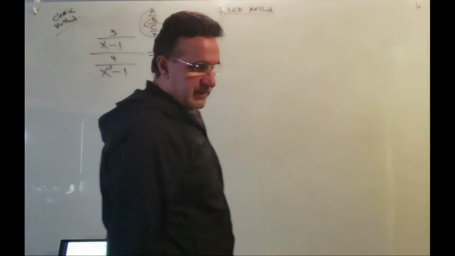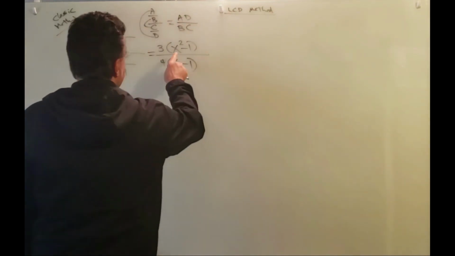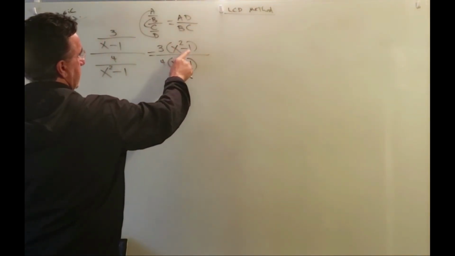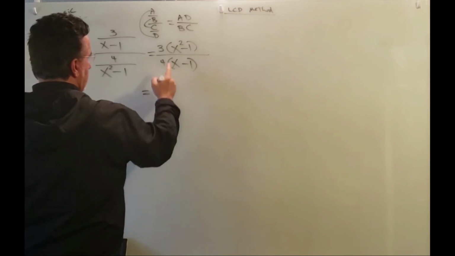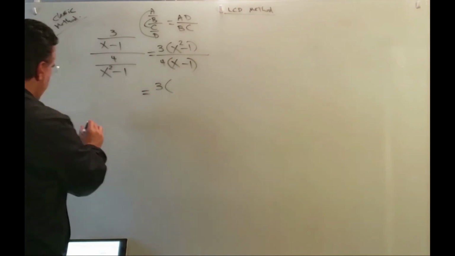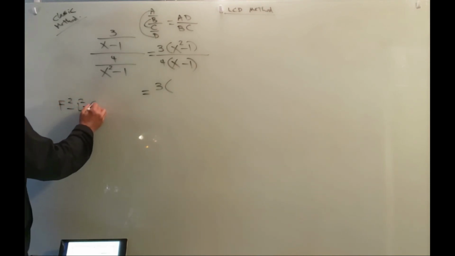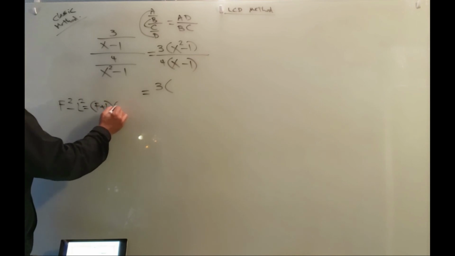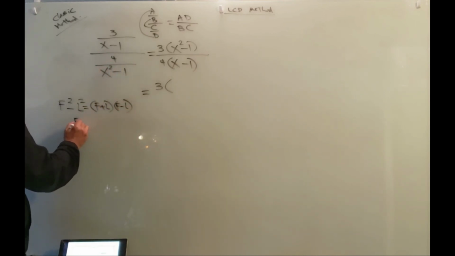Okay, so this is when your factoring needs to be sharp. Notice that here we have a difference of squares, right? So we can factor that, as you know, using this formula, right? F squared minus L squared equals F plus L times F minus L. In that situation, your F is x and your L is 1.